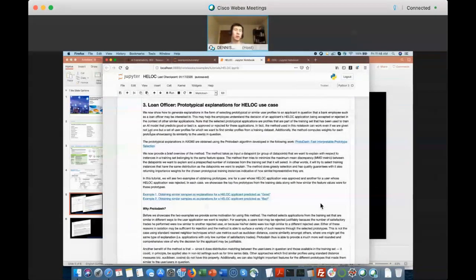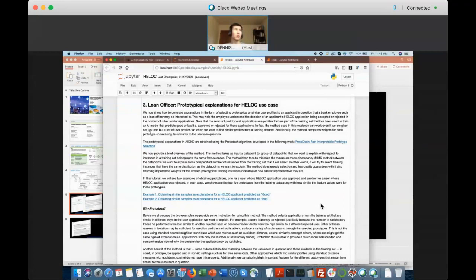So this loan officer is seeing actual applicants, what the machine learning model is predicting for them, and we're going to provide prototypes from the training data that are similar to the applicant in question and have the same prediction, so that the loan officer can understand this applicant in context, see how they might be similar to ones that were approved or rejected in the past, and thus be able to make their final decision more confidently.